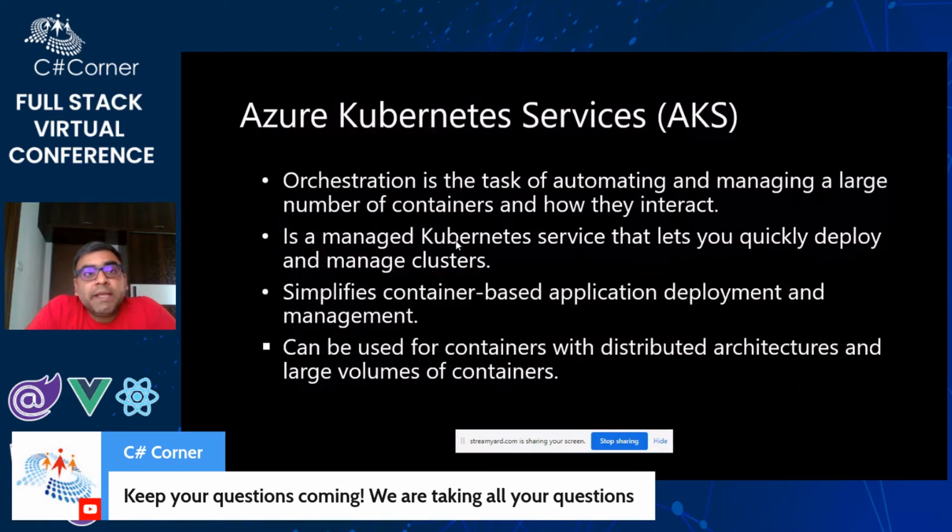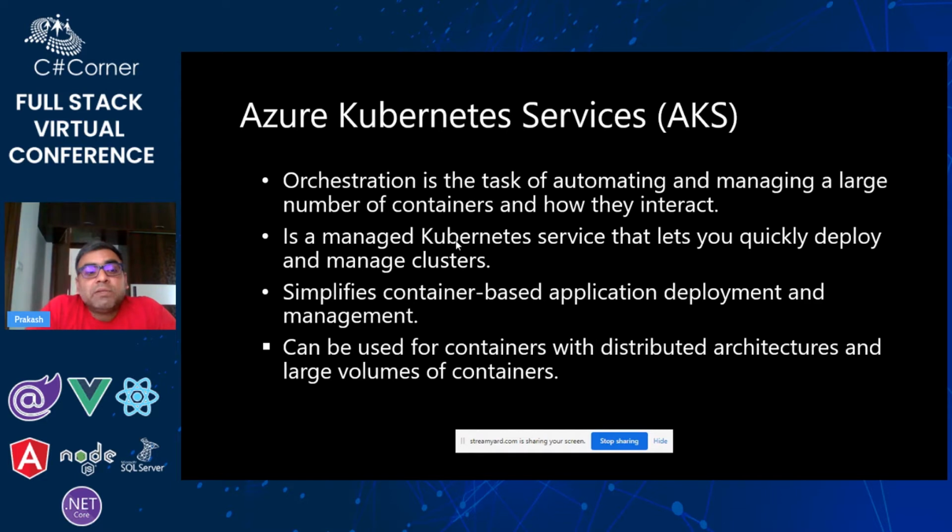So what is AKS? AKS is Microsoft's implementation of Kubernetes services. What it does is simplify all the orchestration part. Maybe some of us may be wondering what orchestration is. Orchestration is just a name put for something you want to sequence and automate.